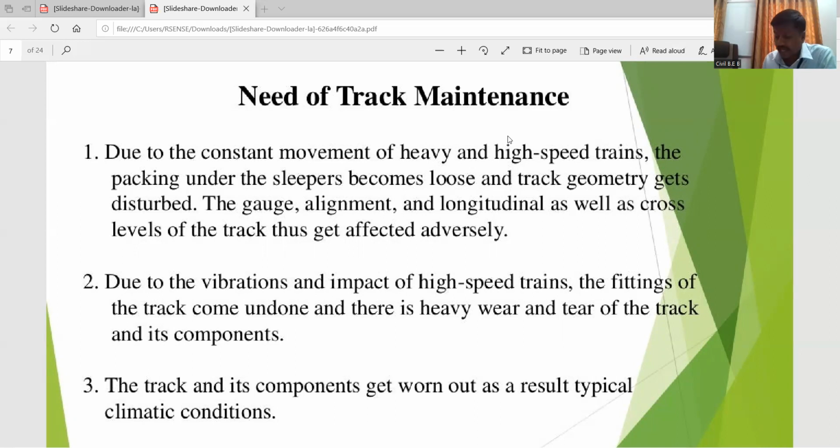Likewise, in case of our railways, each wagon is heavyweight material, correct? And the trains are running on that railway track at high speed. So due to the constant movement of these heavy and high speed trains, the packing under the sleepers becomes loose.